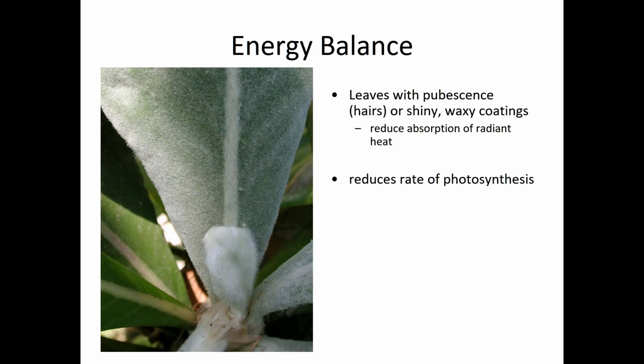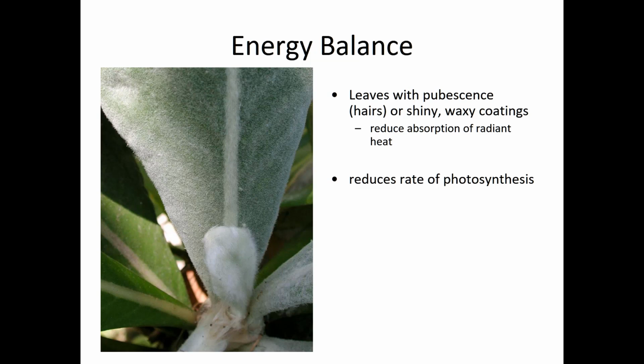Other adaptations that plants can have are to have high levels of pubescence on the surface of the leaves, or to have very shiny or waxy coatings on the upper surfaces of leaves that allow plants to maintain internal water levels without losing a lot of water, while maintaining their proper temperature range.